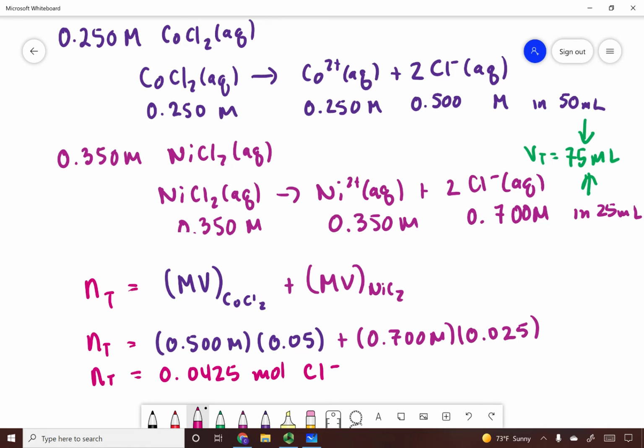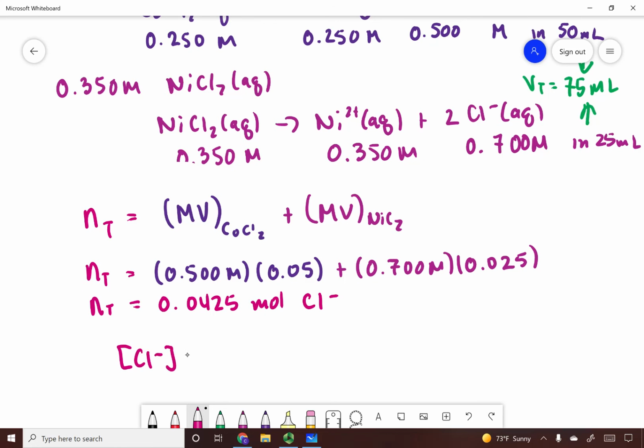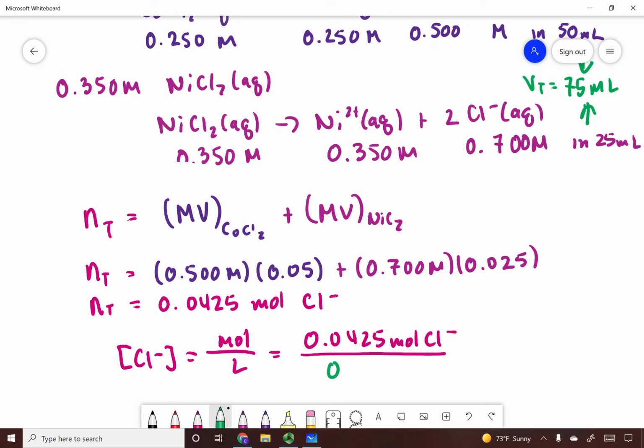Now what I have to do is divide it by the total volume. So 75 milliliters is 0.075 liters. So our chloride concentration equals the moles over liters, and we just figured out the moles to be 0.0425 moles of chloride, and the volume is 0.075 liters. Doing this calculation out, I get 0.567 molar of chloride ion.